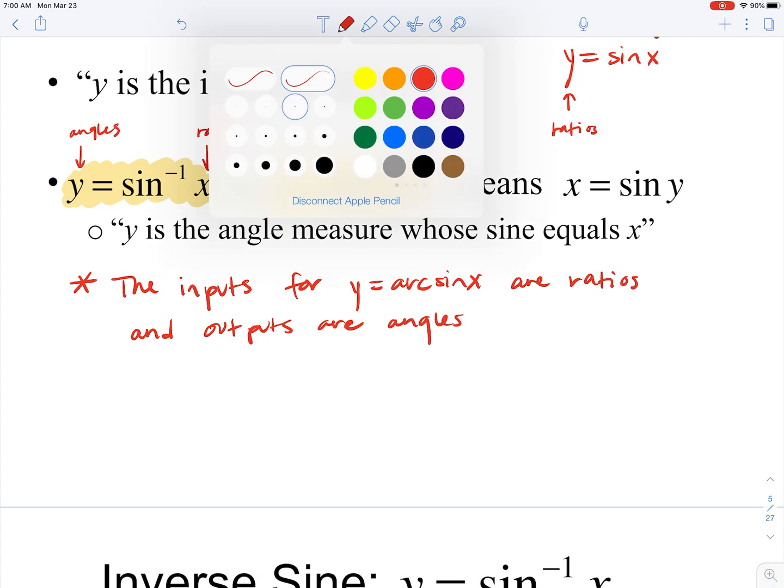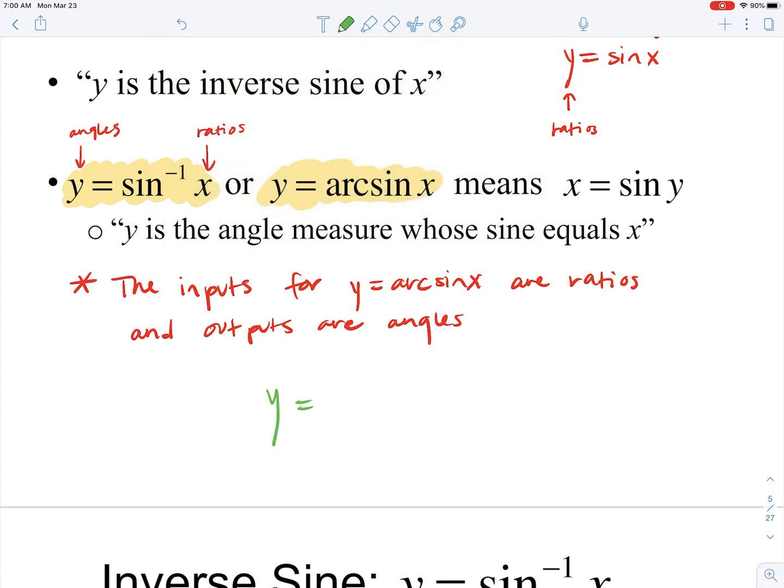Or I'll just write it out here. So if we have y equals arc sine of x, the inputs here will be the ratios that sine is equal to, and then the outputs will actually be the angles.